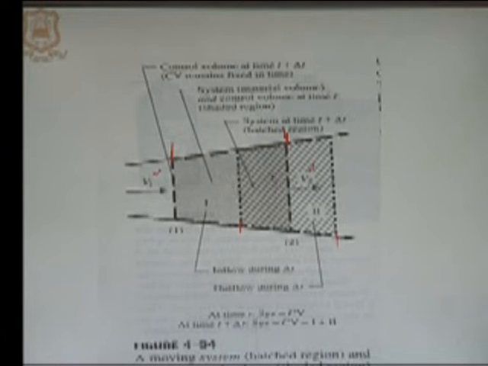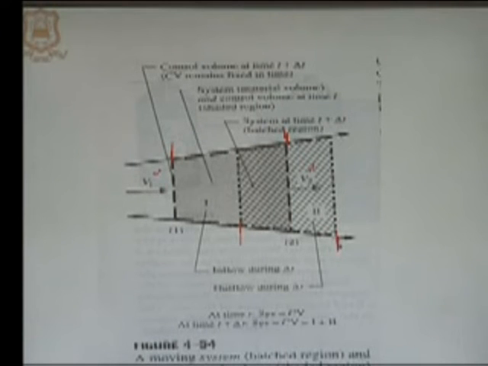Now, whatever molecules were here at some time t, at time t plus delta t, those molecules which were inside this control volume have gone to this area enclosed between these two sections.